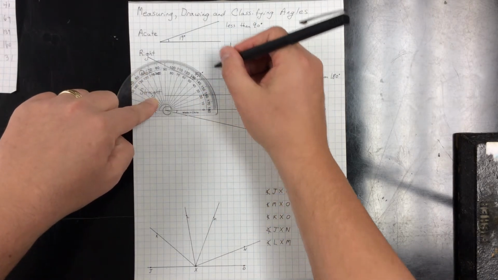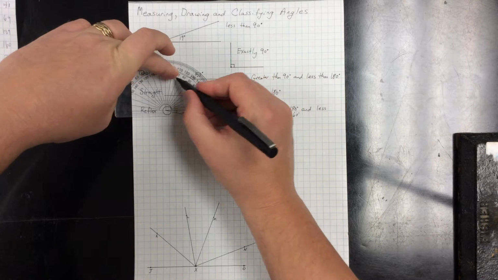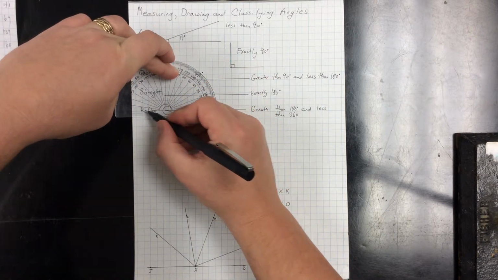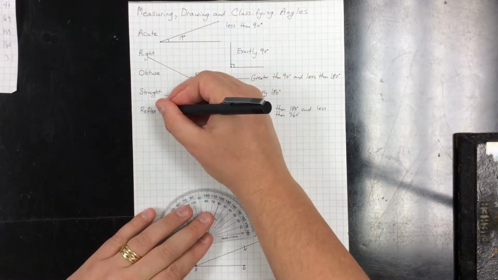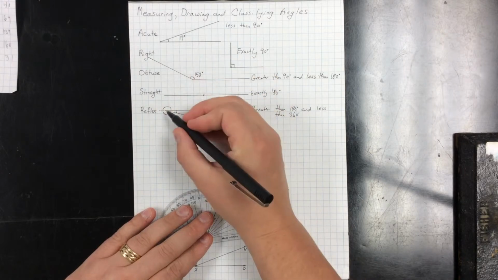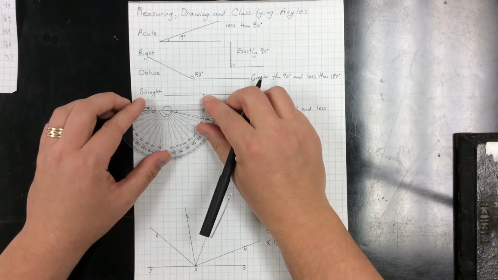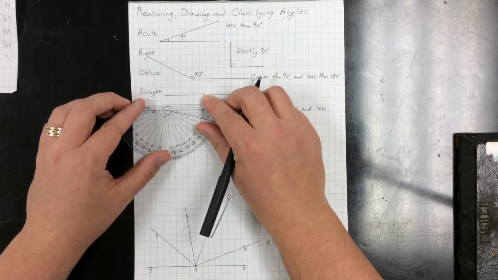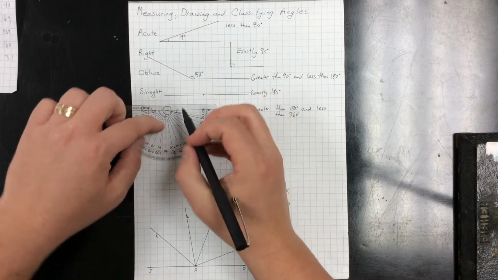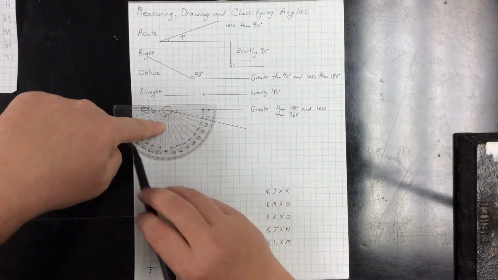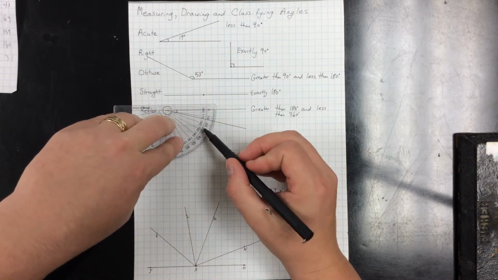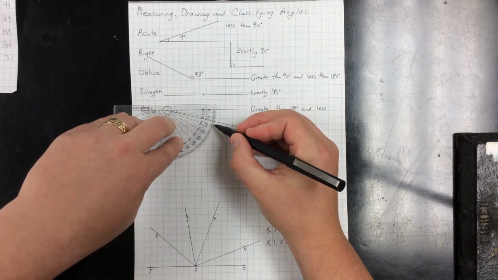If I'm measuring all the way around the outside, I've gone 180 degrees to get to this point out here. How much farther do I have to go? I could turn my protractor upside down. Say it's 180 plus, and I start at the 0 again, all the way through 160, 1, 2, 3, 4, 5.